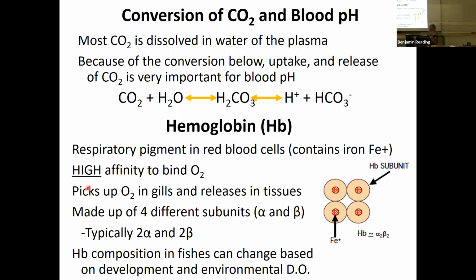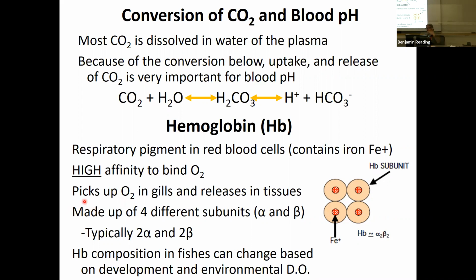And hemoglobin has a very high affinity for oxygen. We talked about how oxygen's at a very low concentration in the water. We talked about how we actually have to use a countercurrent multiplier in the gill just to get enough oxygen out of the water into our blood to survive. And the hemoglobin's key because it literally grabs a hold of this oxygen very tightly, very high affinity.